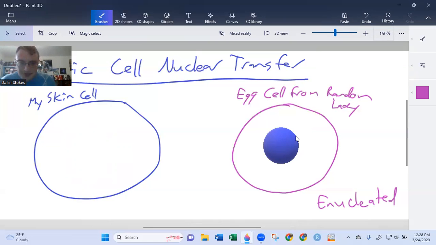Now, note that in this case, the clone won't be the same age as the person that they cloned. Remember, in artificial embryo twinning, we created two individuals that were the same age. They were both babies, and then they grew up and they were the same age. In this case, I'm already an adult, but this cloning process isn't going to create an individual that's my same age and looks the same as I do.